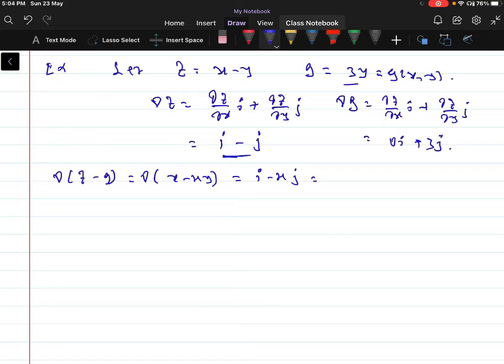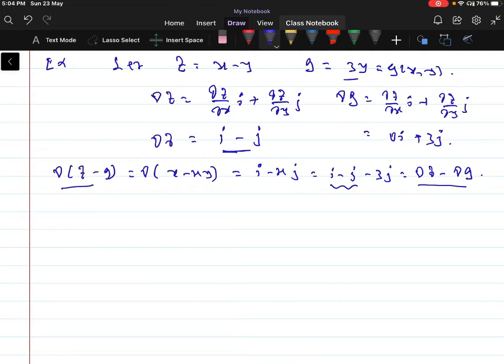So this can be written as I minus j minus 3j, where I minus j is gradient of f, so that is gradient of f minus, where 3j is gradient of g, that is minus gradient of g. Therefore you can write gradient of f minus g can be written as gradient of f minus gradient of g.